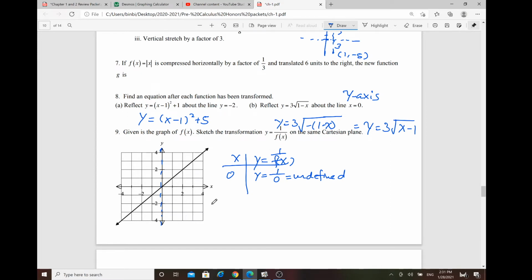And then the other one, you want to plug in 1. So f of 1 originally, that's 1. So y equals 1. Same position. And then what about 2? So f of 2, that's 2. But here it turns out to be 1/2, the reciprocal form. So 1/2. And then the rest of that, 3, 1/3, and so on and so forth.